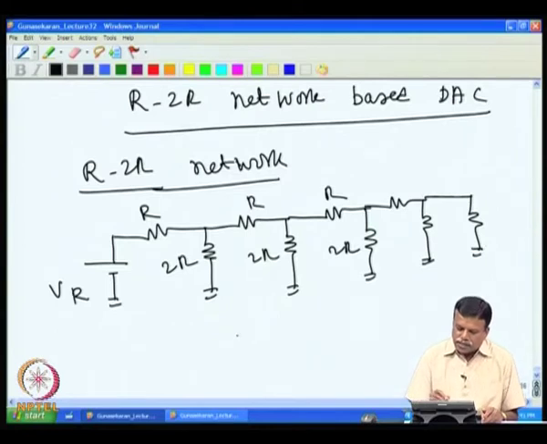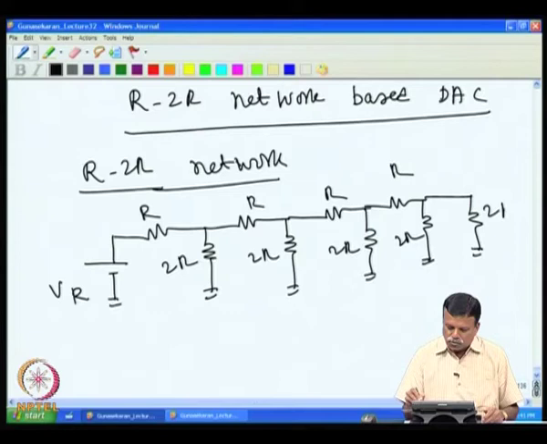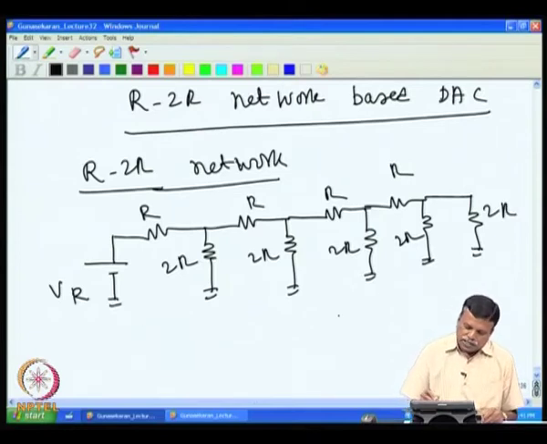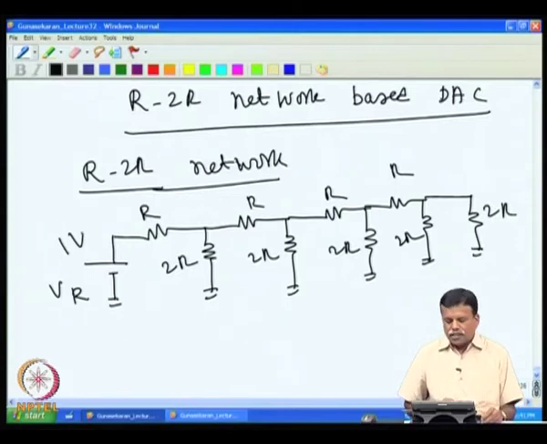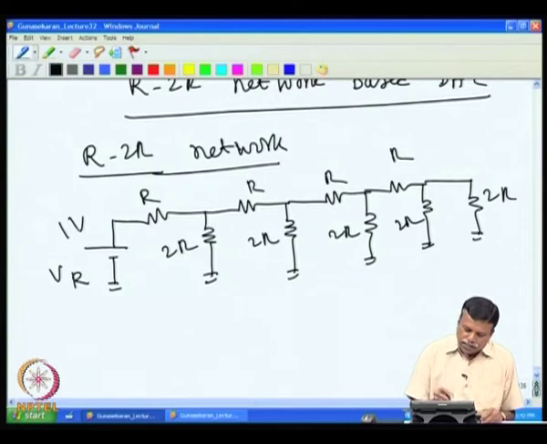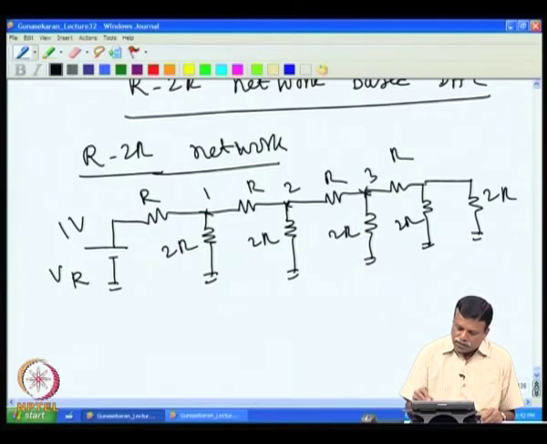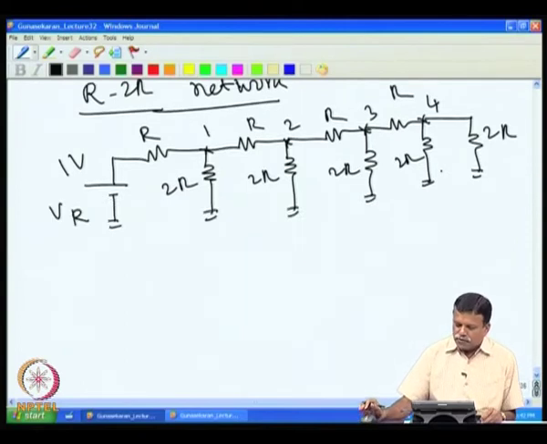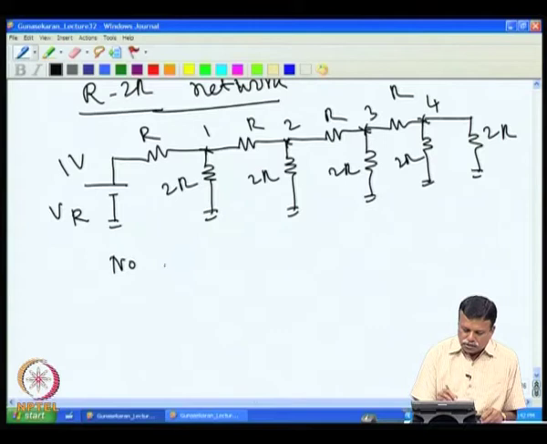For example, here I have R, then 2R and then 2R. Assume that in this network we have 1 volt at the input. Then if I look at the nodes, node 1, node 2, node 3 and node 4, we start from node 4.